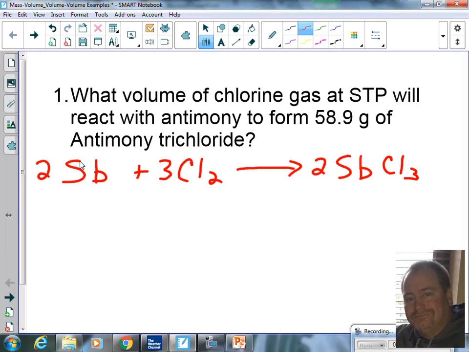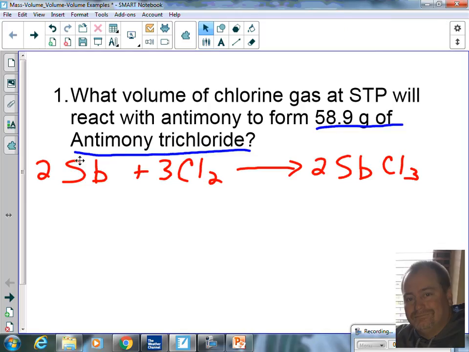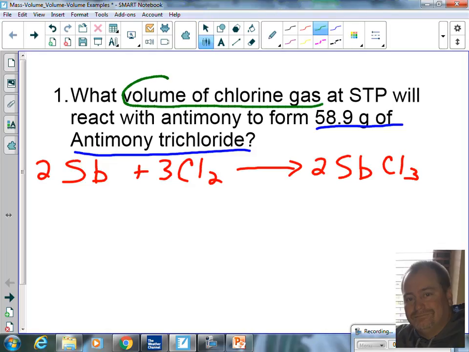My next step is to determine the known and unknown. Well, my known is 58.9 grams of antimony trichloride. My volume of chlorine gas is my unknown, so that is what I am trying to convert to.